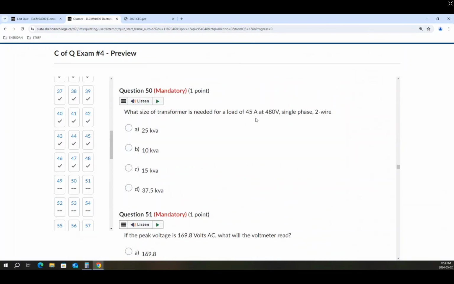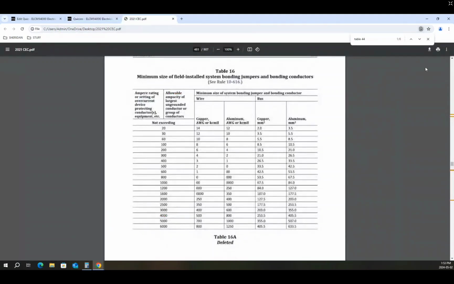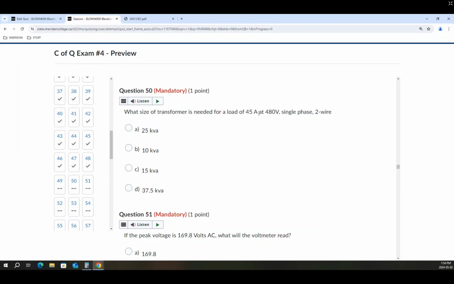50. What size of transformer is needed for a load of 45 amps at 480 volts? 2-wire. This one is size transformers needed for 45 amp.